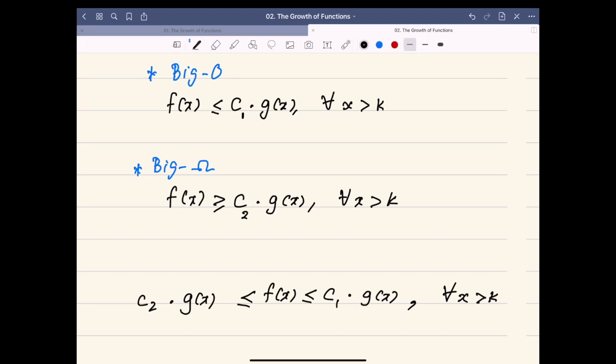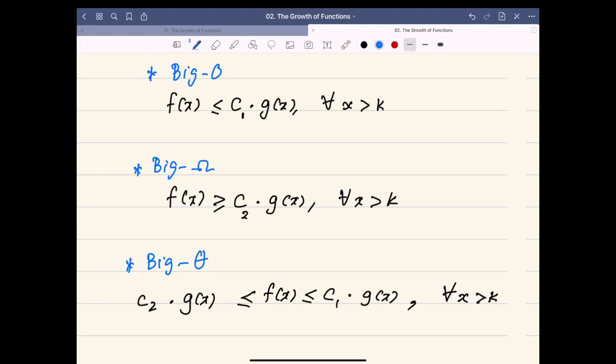And the last definition, when we combine big O and big omega, will be called big theta. So big theta is in fact a combination of big O and big omega. So if we know that f of x is big O of g of x, and also we know that f of x is big omega of g of x, then we say that f of x is big theta of g of x.